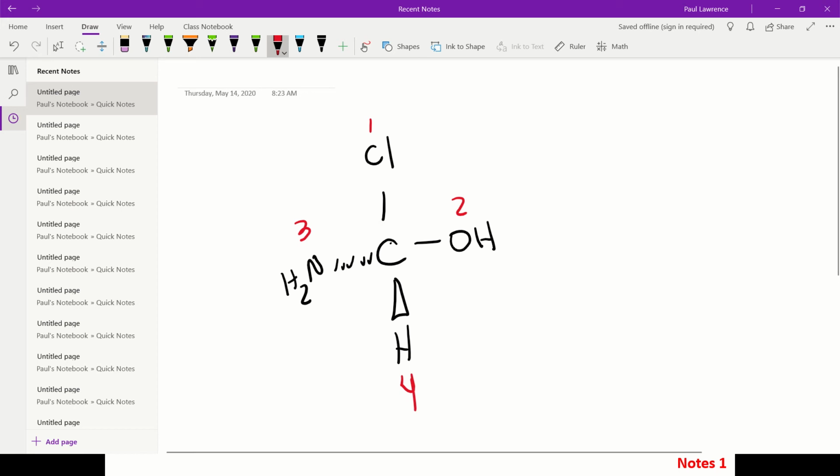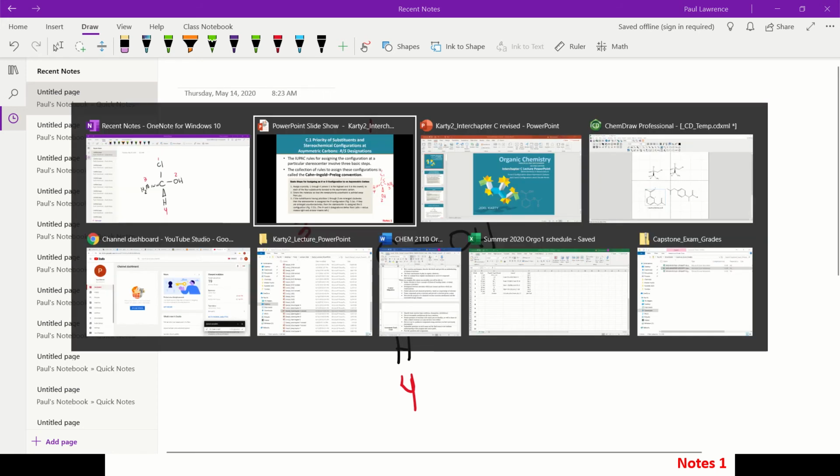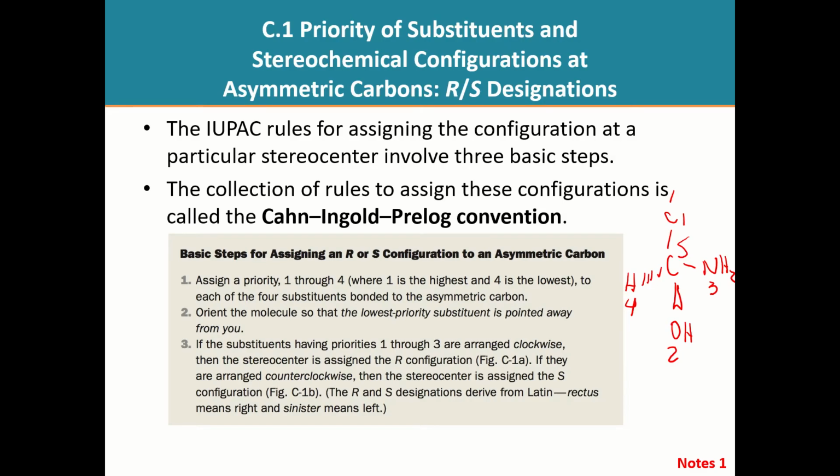And then if you forget and skip step 2, you'll go right to step 3 and go like this and say, hey, that's going in the clockwise direction, so that's an R. But you skipped step 2. You have to get the lowest priority group pointed away from you. Okay? So let's go back to the slide before we go further into that so you can see what's going on.